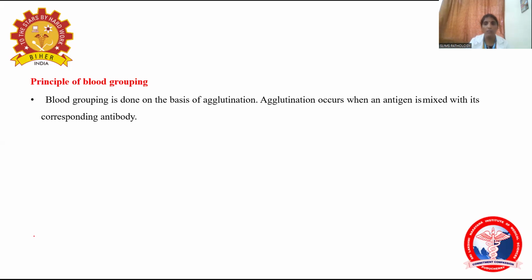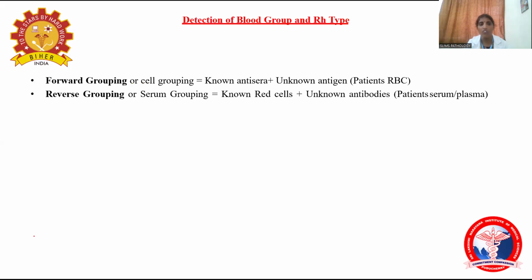So what is the principle behind blood grouping? It's almost the same, more or less, as your Landsteiner's law. Blood grouping is done on the basis of agglutination. Agglutination occurs when an antigen is mixed with the corresponding antibody. Take for example a known anti-sera with an unknown antigen, the patient sample.